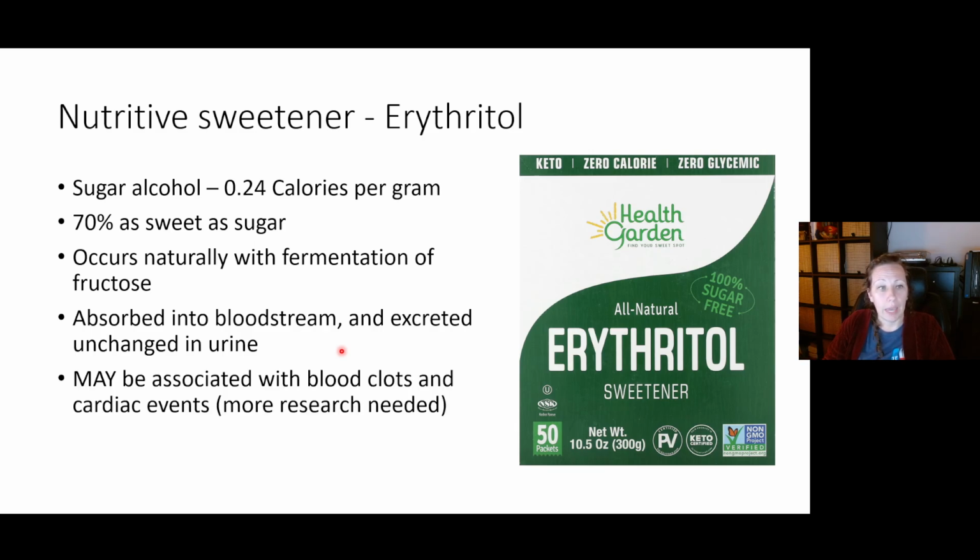One possible negative of erythritol is that there are some studies that have shown that it might be associated with increased blood clots and those causing cardiac events. There's more research needed. I wouldn't all of a sudden not use erythritol at this point, but it's something to watch out for.